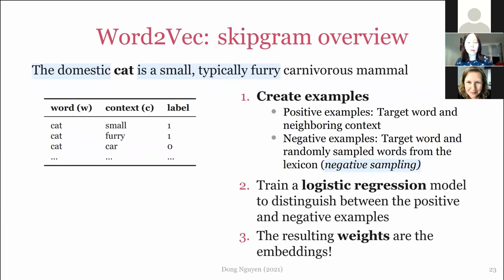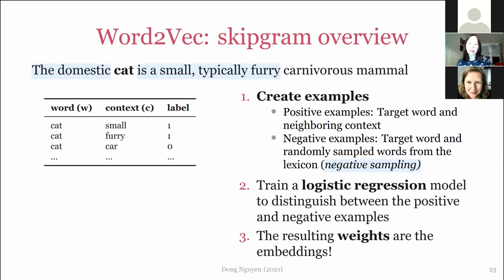So we create positive examples. These are word pairs where we take the target word, in this case cat, and a word in its context, something like small or furry, for example. And these word pairs get the label 1 because we see in the data that small indeed occurs as a context word of the word cat.